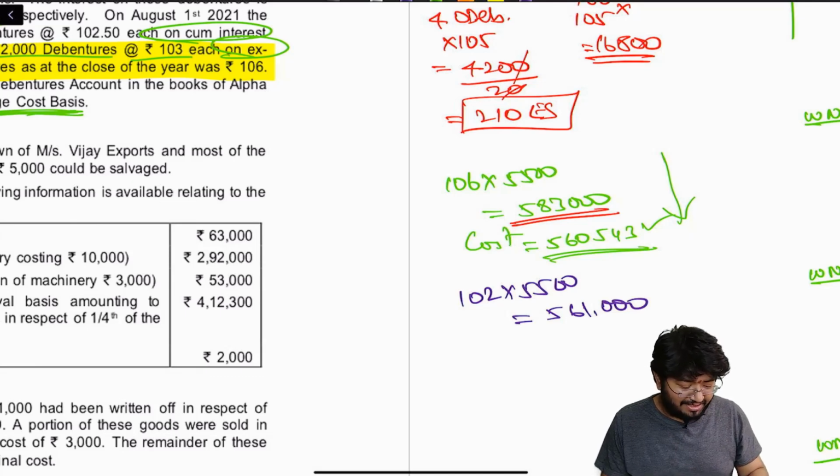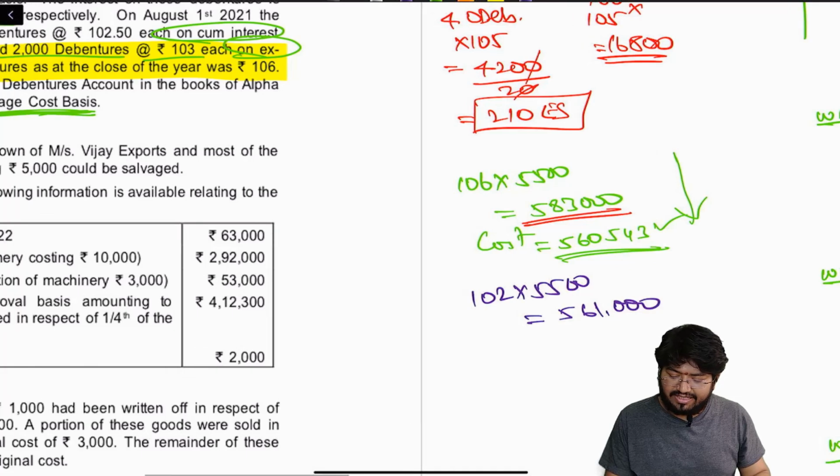Let me calculate for myself. Okay, still this is greater, in which case you would go by cost only.